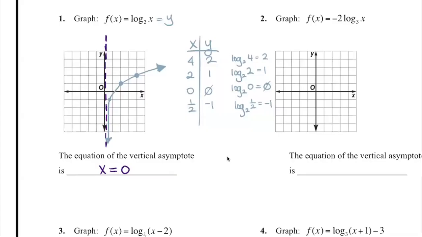If you wanted to find domain and range, it's not asking you, but if you wanted to, go ahead and put it in the chat if you think you know. Let's start with domain.